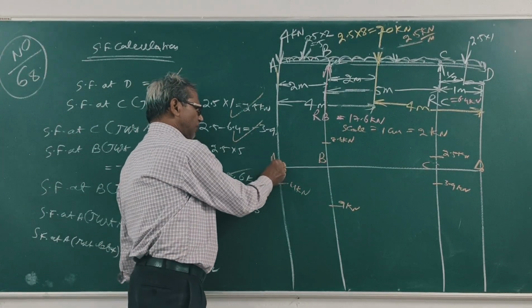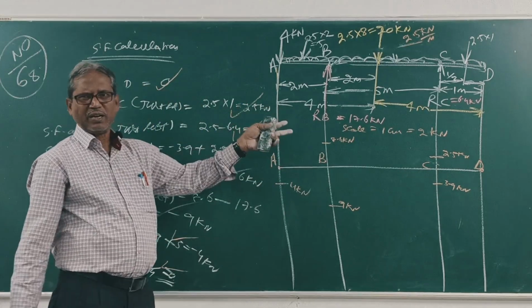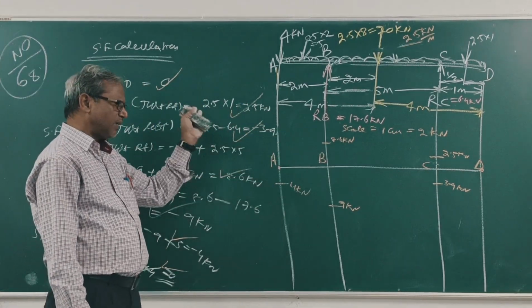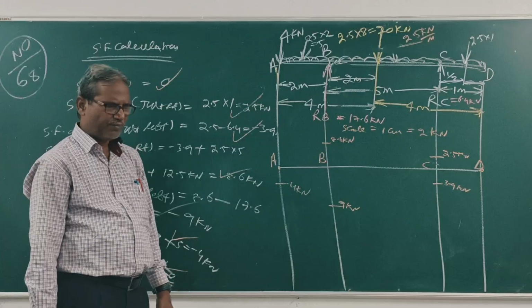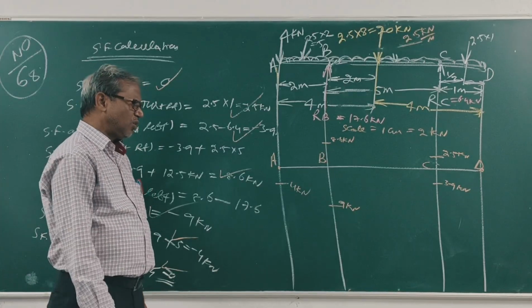All positive values are taken above the baseline, and all negative values are taken below the baseline. Clear? Now join all the points.